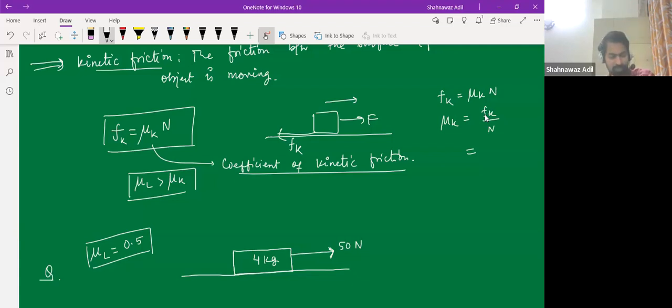Newton. Okay, so this is Newton. And what is the unit of normal reaction? Newton, because this is also a common force. When we studied common forces in nature, we studied this normal reaction. So this is also Newton. So this cancels, which means that mu k is unitless, which means that it is dimensionless.